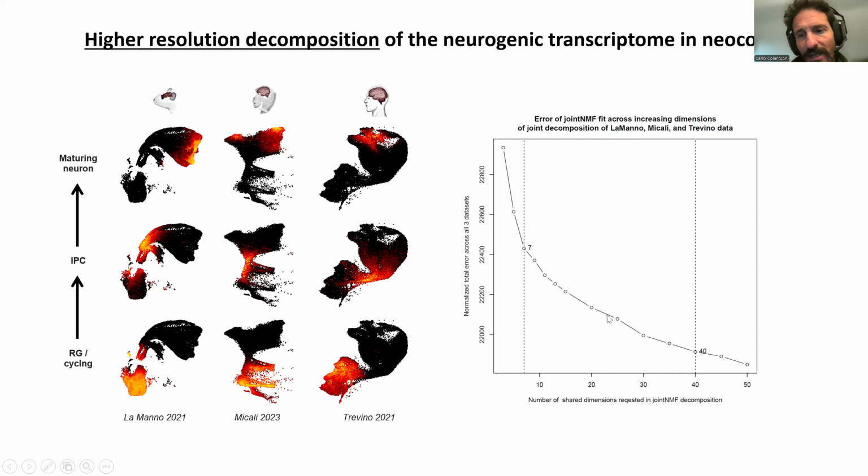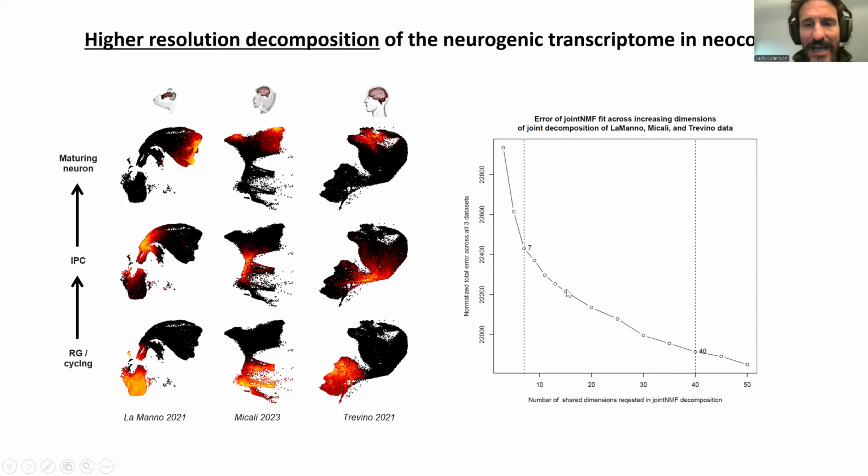Similar to how you can look at the bang for your buck in a PCA analysis, where you look at a scree plot and how much variance you're explaining, we run that same joint decomposition that we call joint NMF. It's using a non-negative matrix factorization, where the y-axis is how much error, how well those patterns can describe the whole data set.